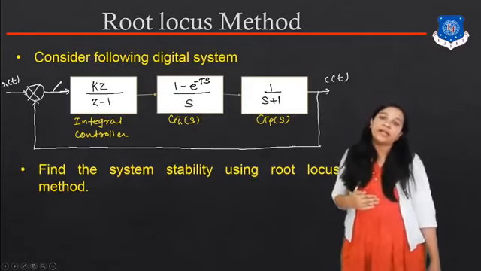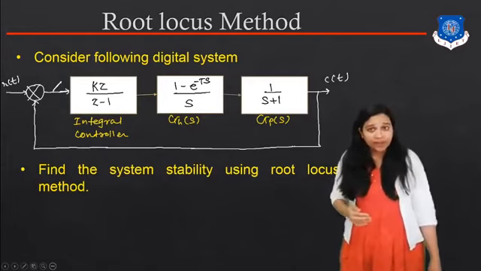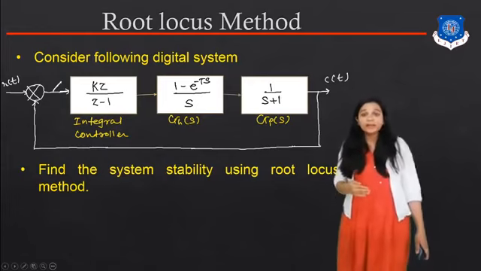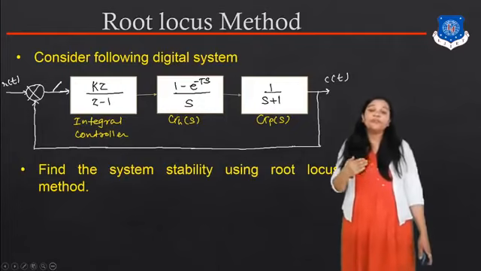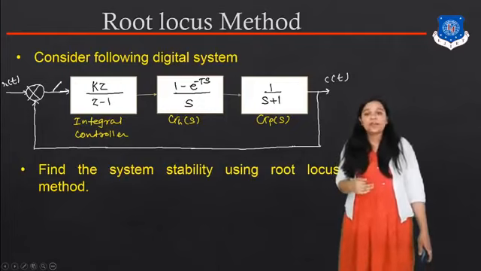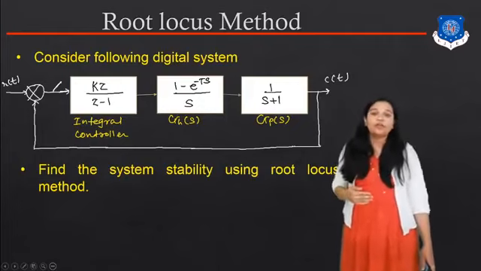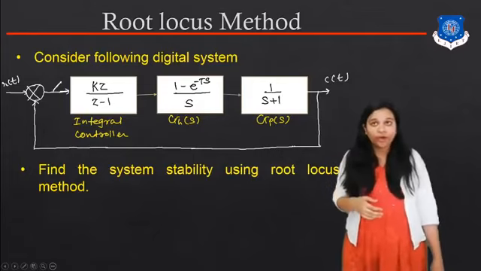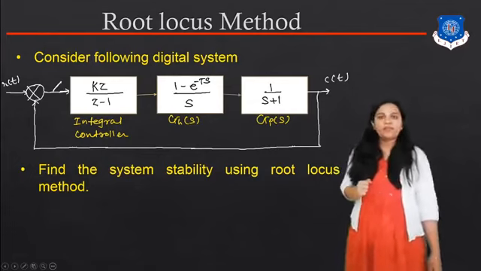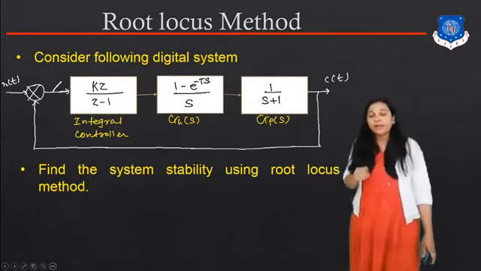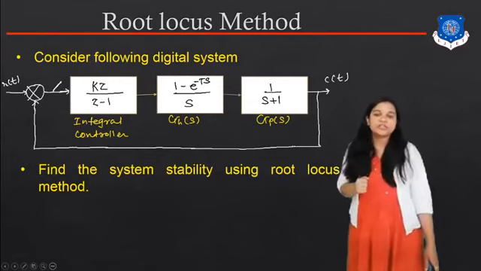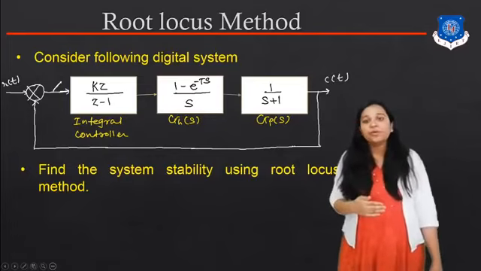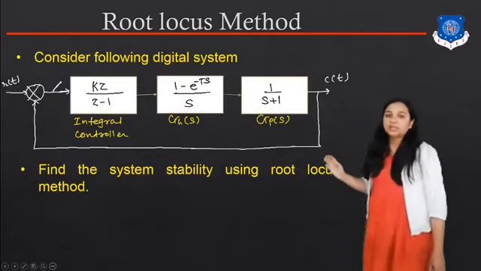After that, the next rule is to find the breakaway point, and then we find the value of s, and using this value we find the value of K. Using all these values we draw the Root Locus on the graph, and then we identify whether the system is stable or not. So the same rule is applicable for this discrete system.